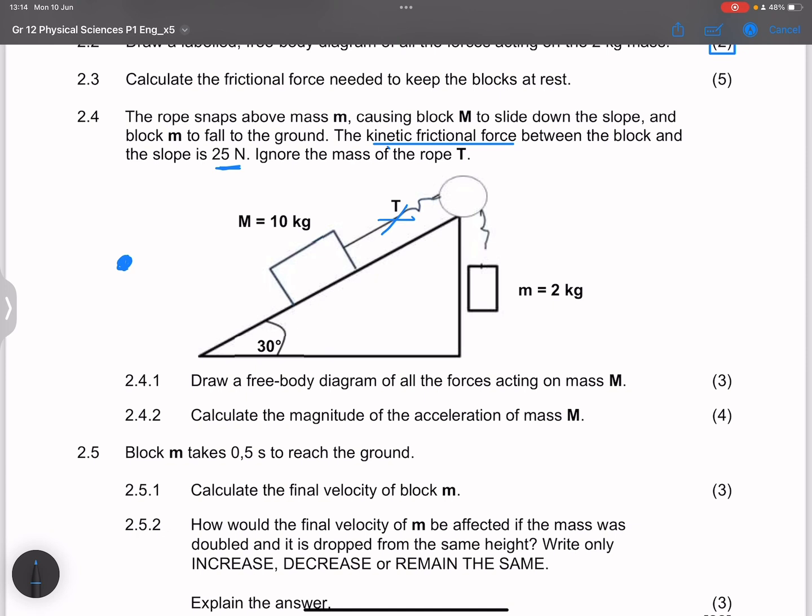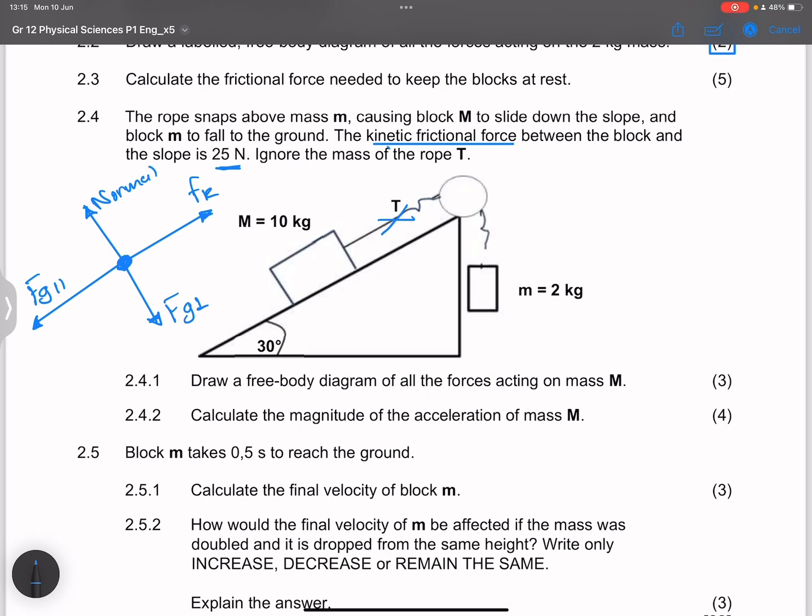So we're going to have the parallel component of gravity, so Fg parallel, but we're also going to have the frictional force that's acting on big M. In this case, please note, we also have the normal force, as well as the perpendicular component of gravity, so that's Fg perpendicular.